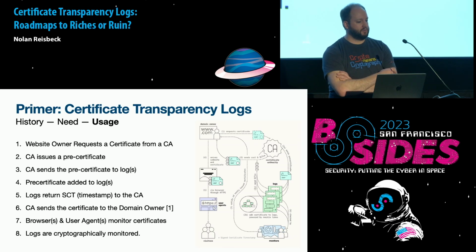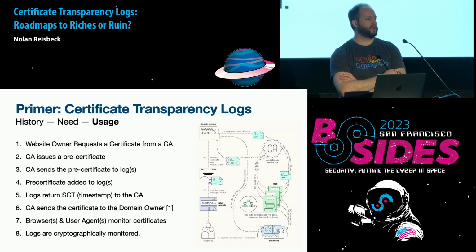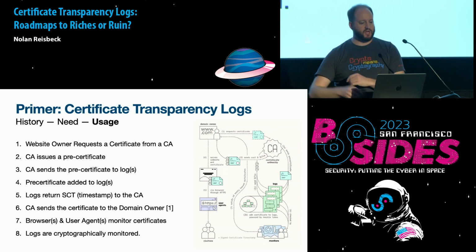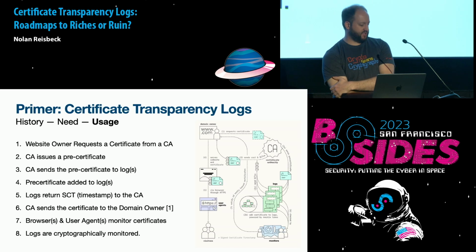That log takes that pre-certificate, basically stamps it with a timestamp, and sends it right back to the CA. Now that certificate timestamp is in that certificate, it has been published to a log, it has been recorded as being in that log, the CA can now send that certificate on to you to use on your website.